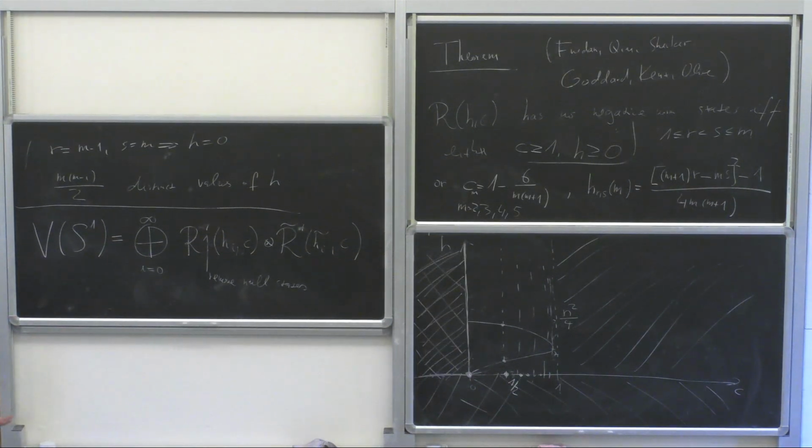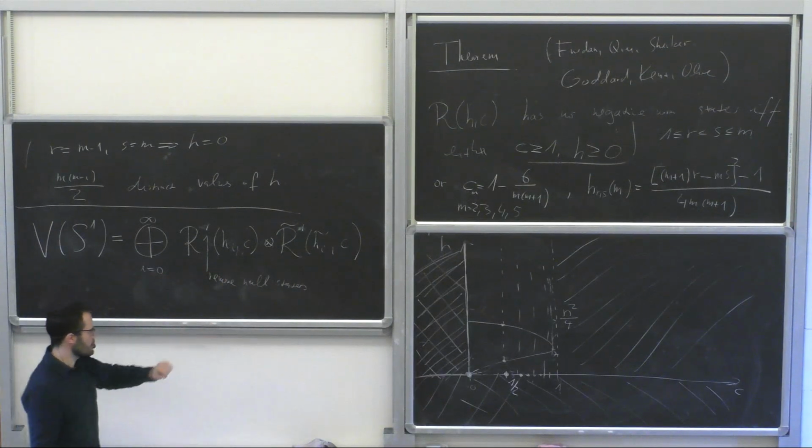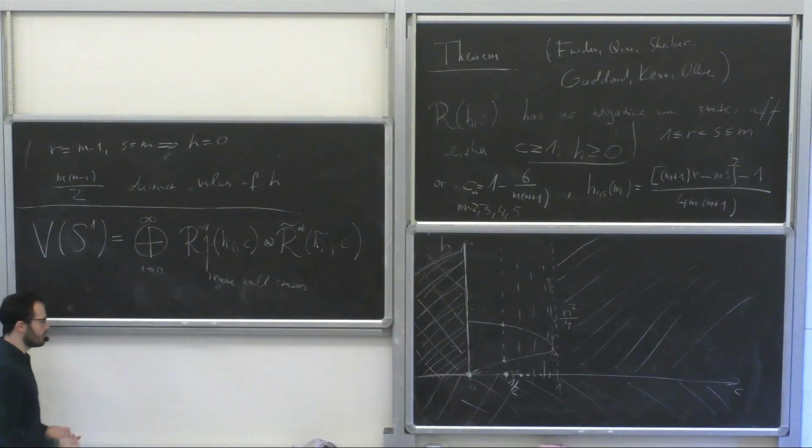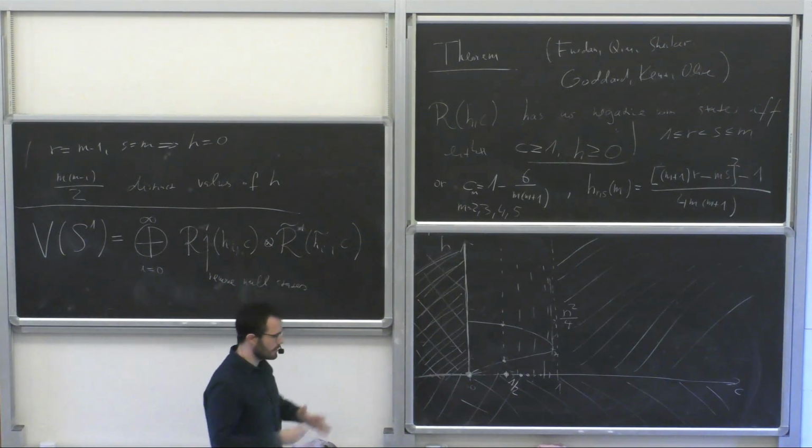And in a unitary theory, this H and H tilde have to come from the set of unitary representations, but there are more constraints. We are not just allowed to take an arbitrary collection of pairs of unitary representations and declare a victory.